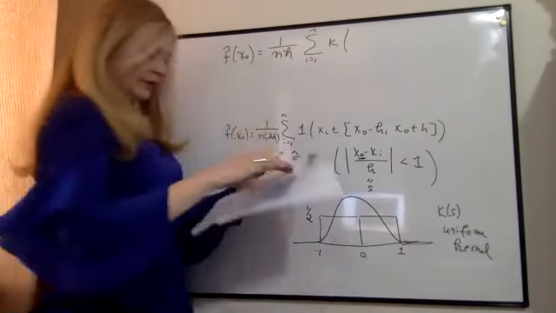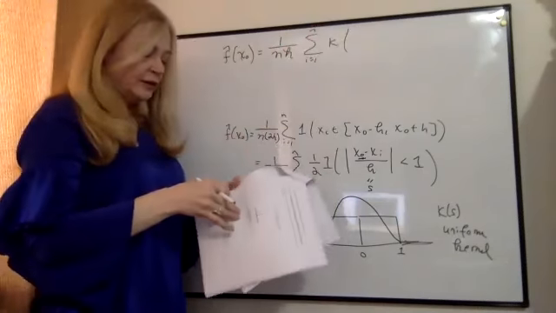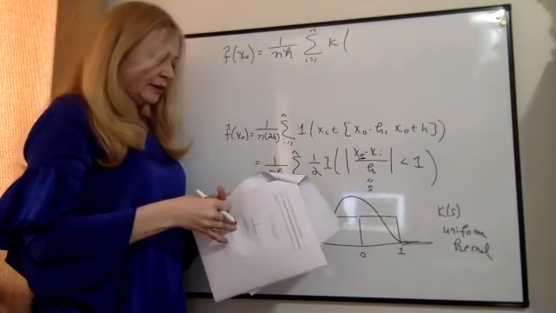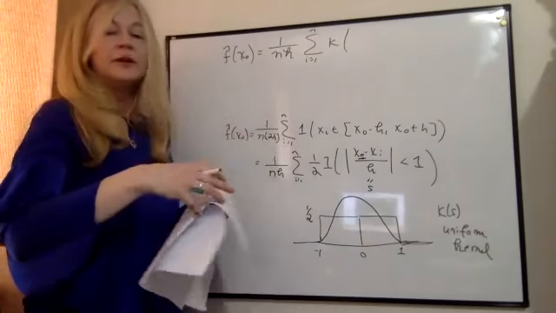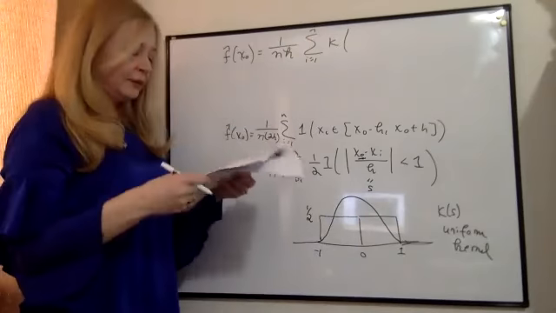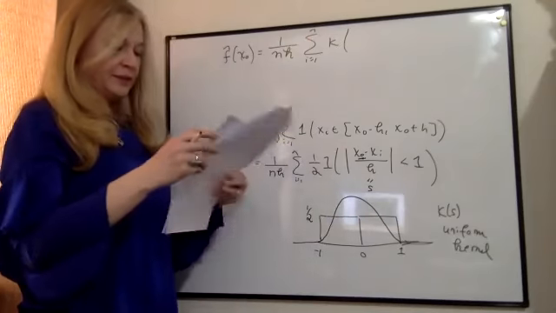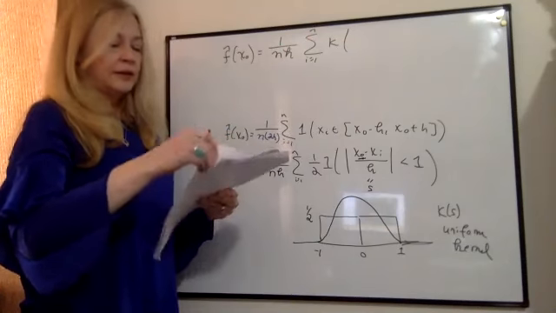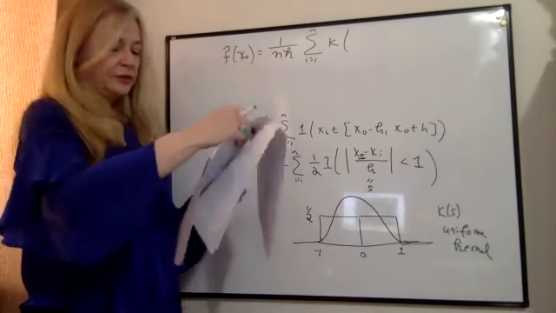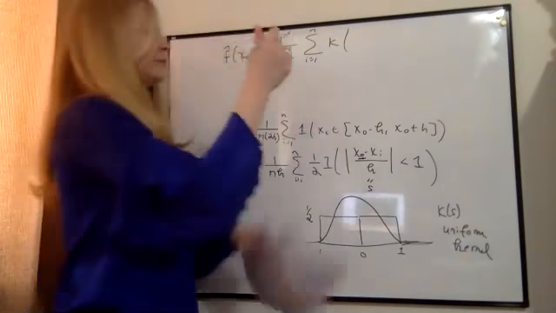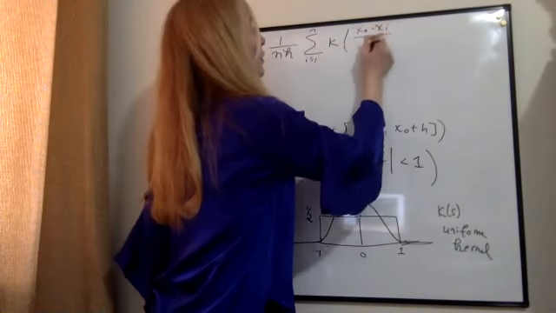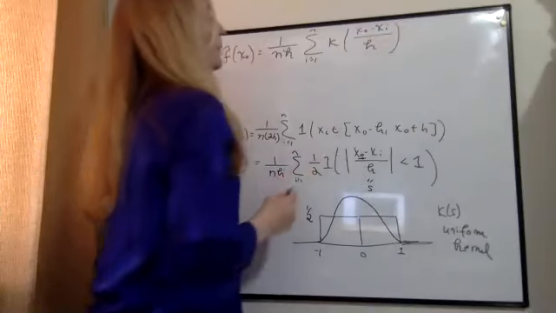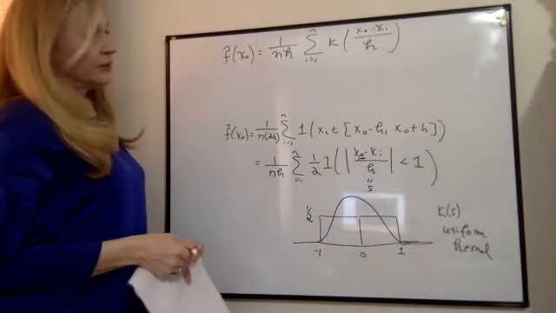But this is the general form for the kernel density estimator, and it includes the uniform kernel. You can always do that one if you really like it, so that would be a special case. We're just going to write it in more general notation.